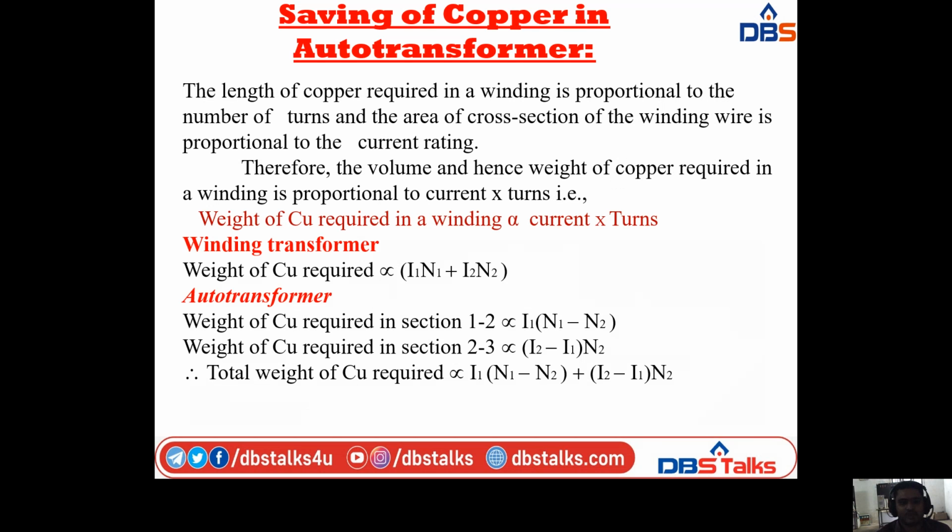The length of the copper required in a winding is proportional to the number of turns, and the area of cross section of the winding wire is proportional to the current rating.